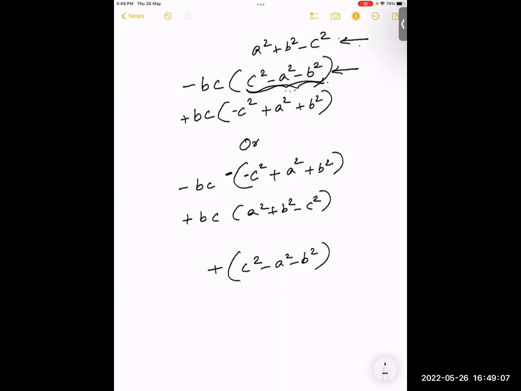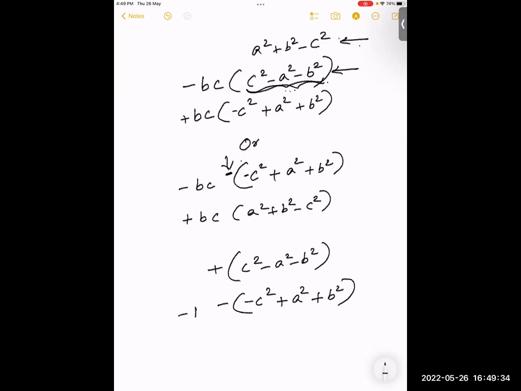Just taking negative out from this, what will that become? Can you tell me, Shreya? Ma'am, it will be minus C square plus A square plus B square. So that's what I did. I took negative out. Okay, that's the second method.